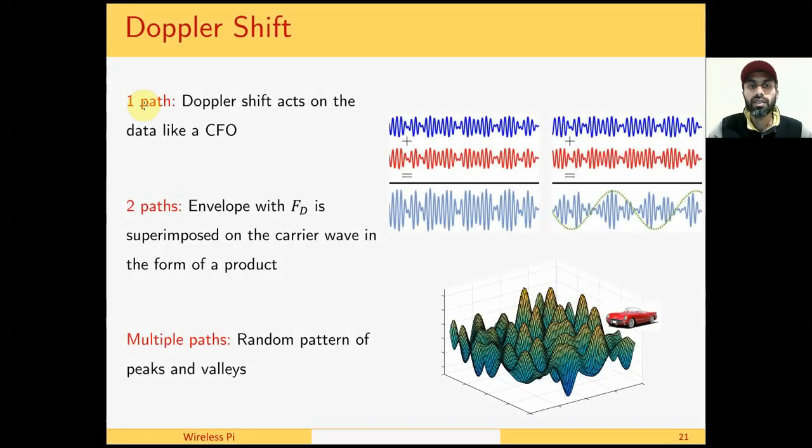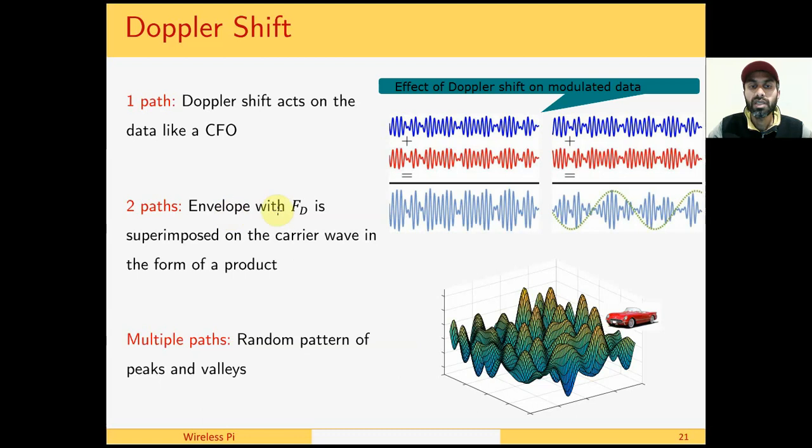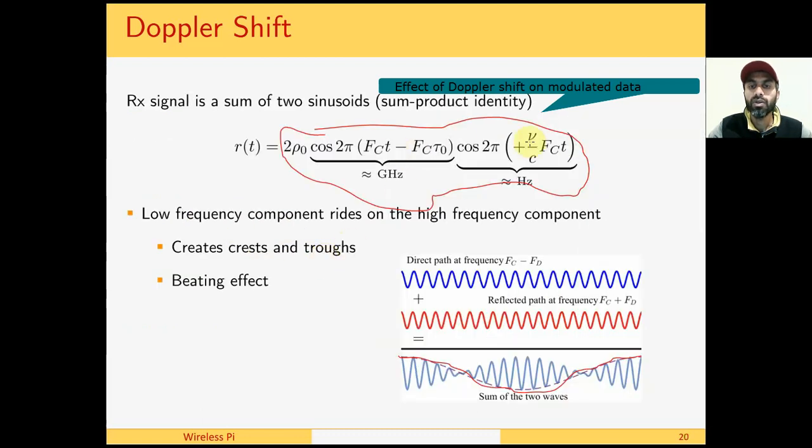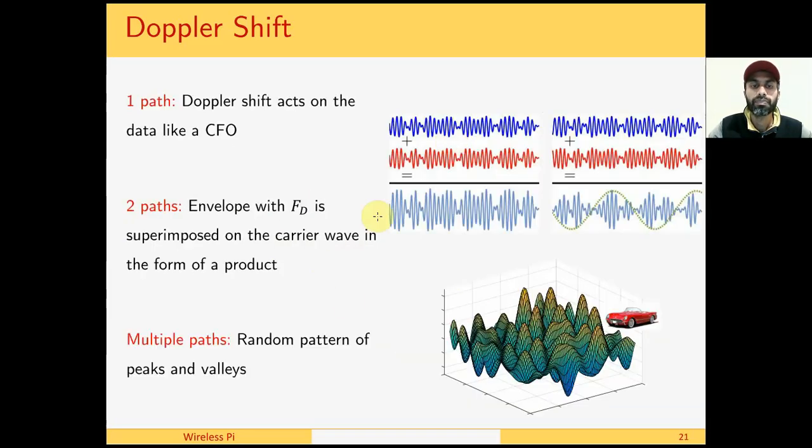So we conclude that if there is just one path, Doppler shift acts exactly like a carrier frequency offset, not a problem. When there are two paths, the envelope with frequency fd is superimposed on the carrier wave in the form of a product. The overall envelope rises and falls according to the frequency of this slow wave.